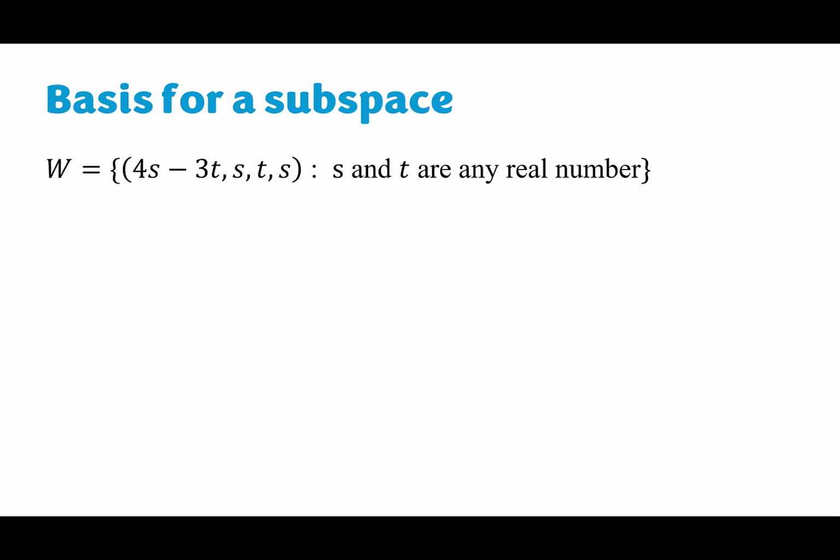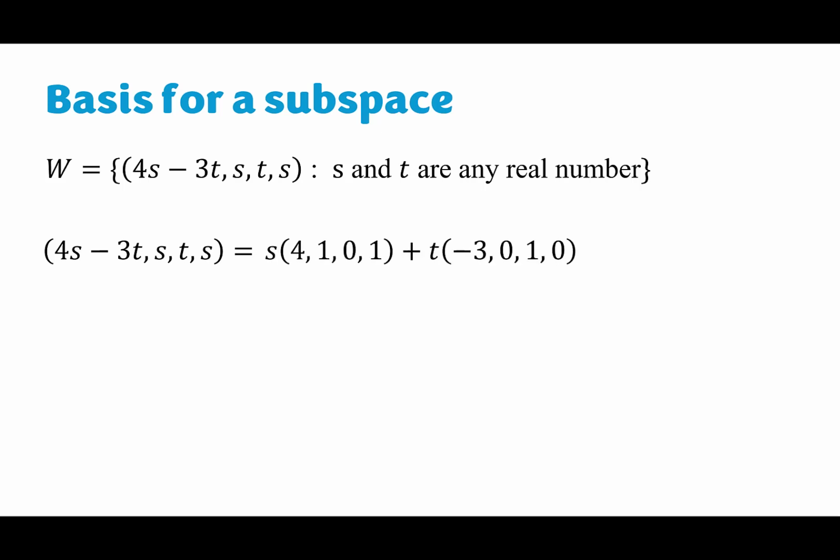And we're thinking about that set of vectors where s and t can be anything, and all those different combinations of s and t. And we're thinking about a basis that would represent this space, right? We want vectors that are linearly independent and that would span this whole space. Well, what we could do is separate this vector into its s and t parts.